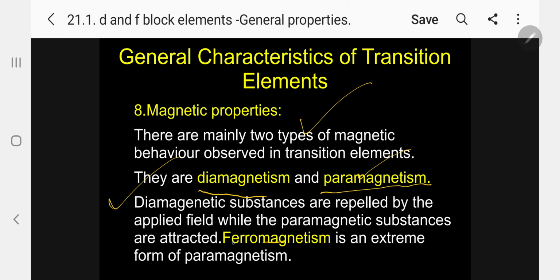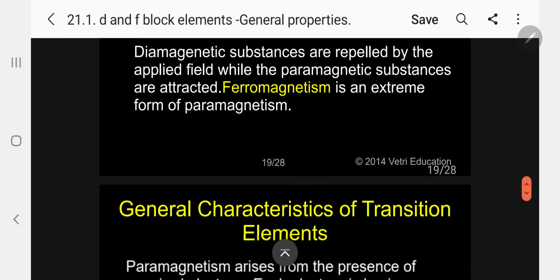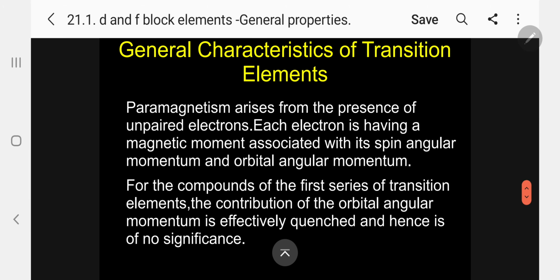Ferromagnetism, which you might have studied in physics, is an extreme form of paramagnetism. That means when more paramagnetic character is present, it is highly paramagnetic, and the character is called ferromagnetism. Paramagnetism arises from the presence of unpaired electrons.